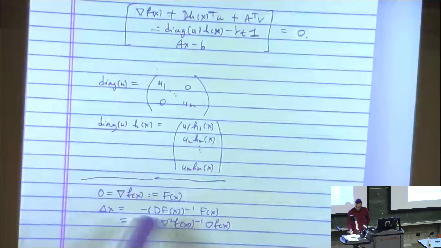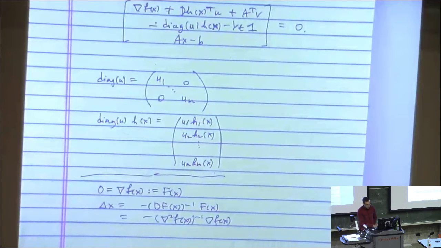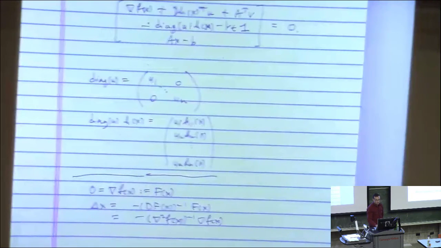Right, the Jacobian of the gradient is the Hessian. So this was really what underlied Newton's method for us, this linearization.